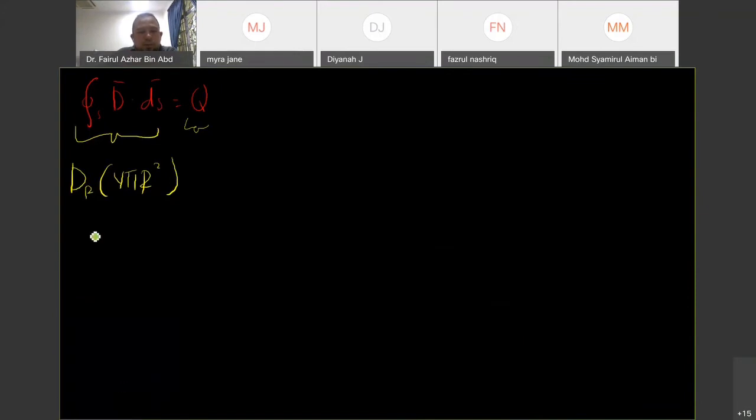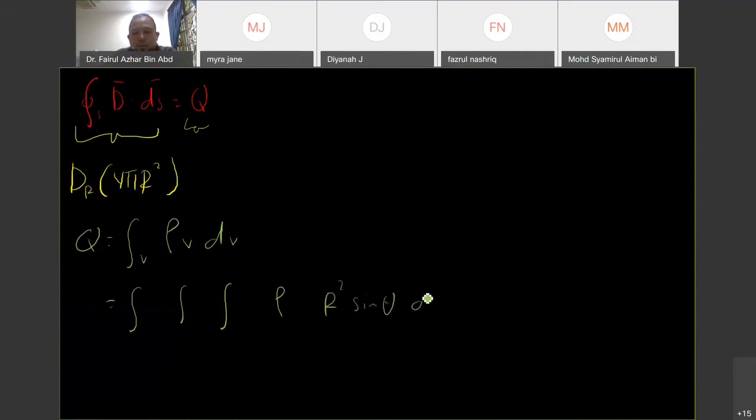We have Q equal to the volume integration of rho v dv. So we still have a triple integration, with rho v and dv equal to r squared sine theta dr d theta d phi. In this case, if you remember the limit for r, in the previous case r was from 0 until r.